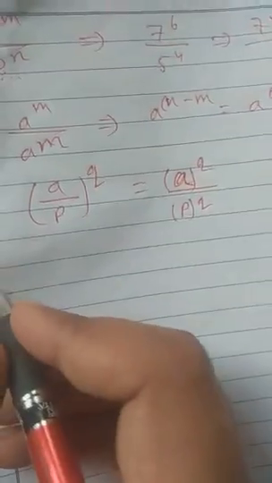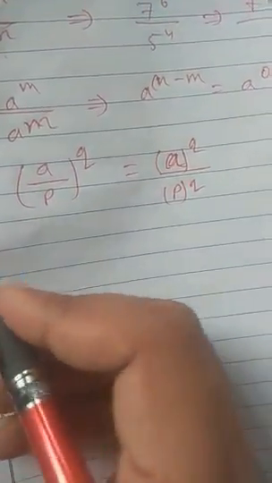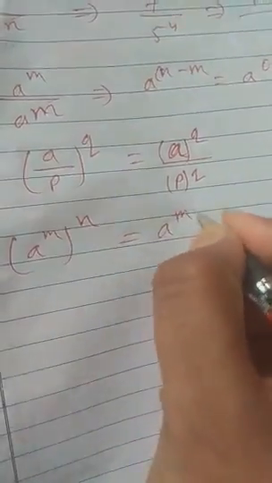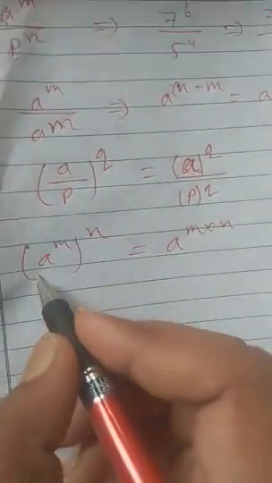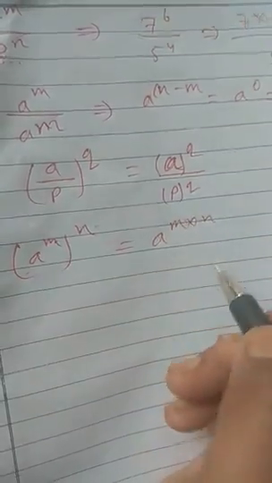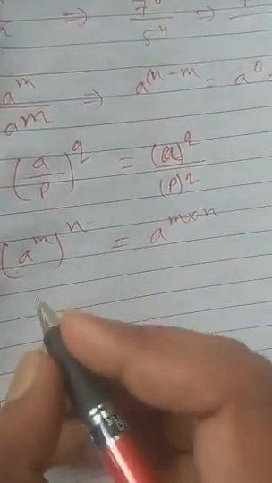So we can have some more properties. Suppose we are trying to explain the next property, a power m whole power n. This will be simplified as a power m into n. Some more properties we can have.